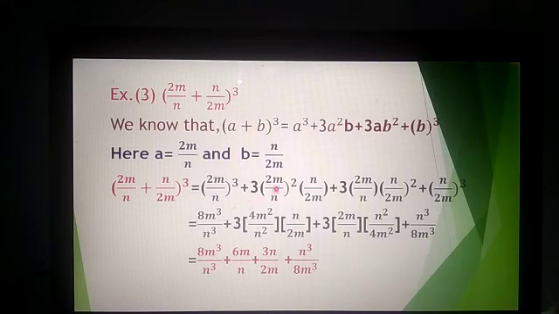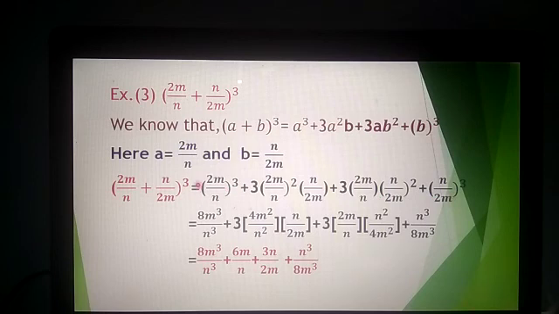A square is 2m upon n whole square into n upon 2m, plus 3ab square. So 3 into a is 2m upon n and b square means n upon 2m whole square, plus b cube. B cube is n upon 2m whole cube.